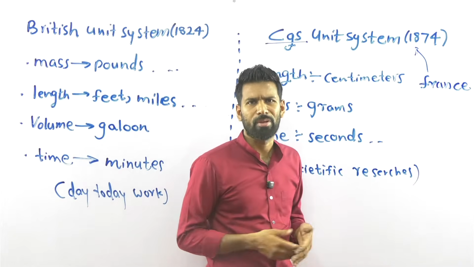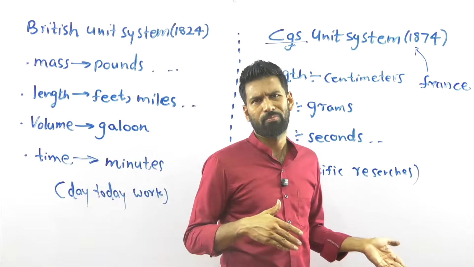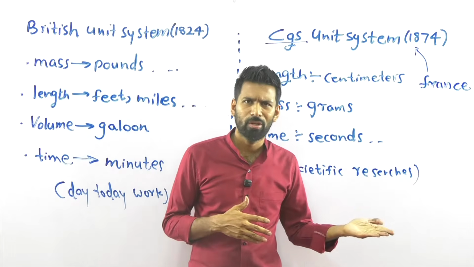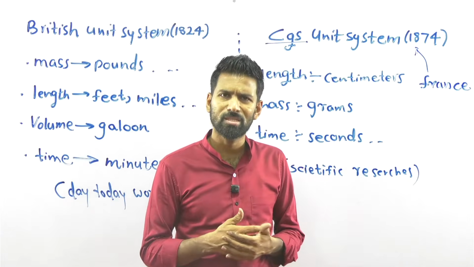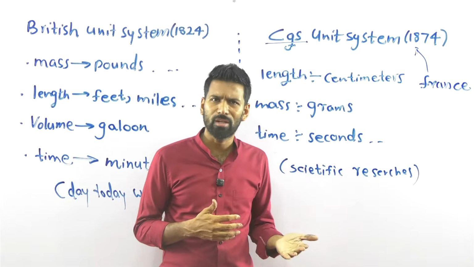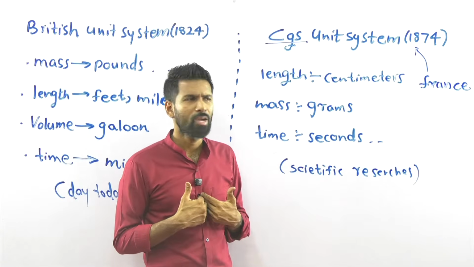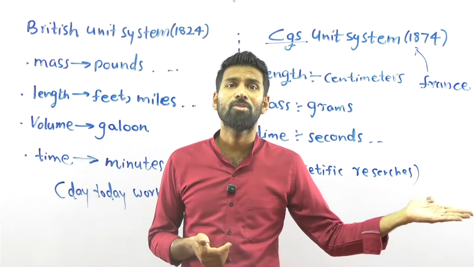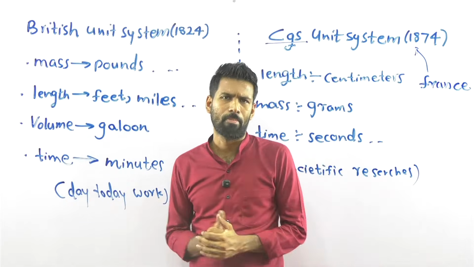When we share our knowledge with another part of the world, when we do business, when sharing scientific work, when it comes to education, a child from a certain country moves to another country for higher education, but in that country they use a different set of units. He will feel crazy, no?